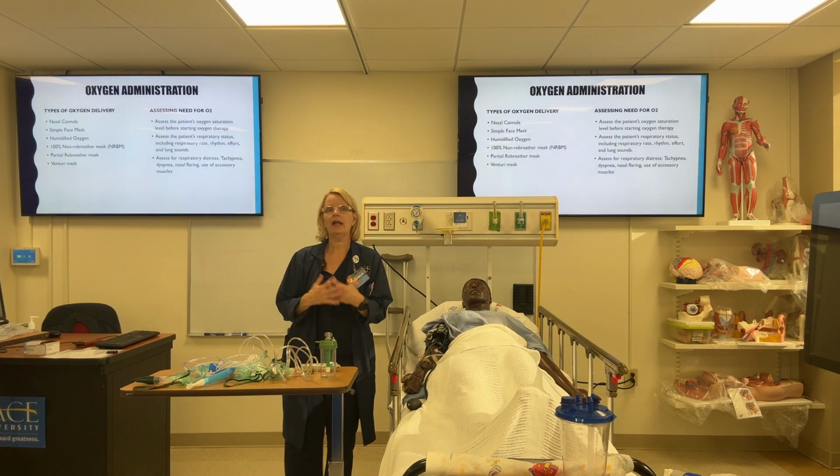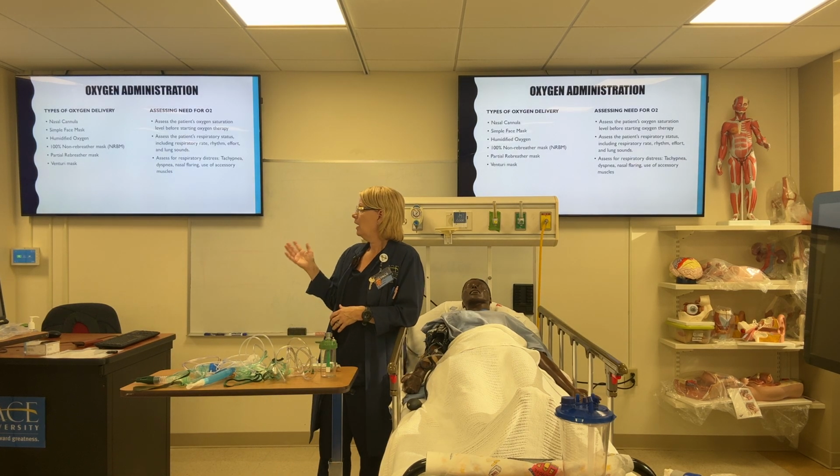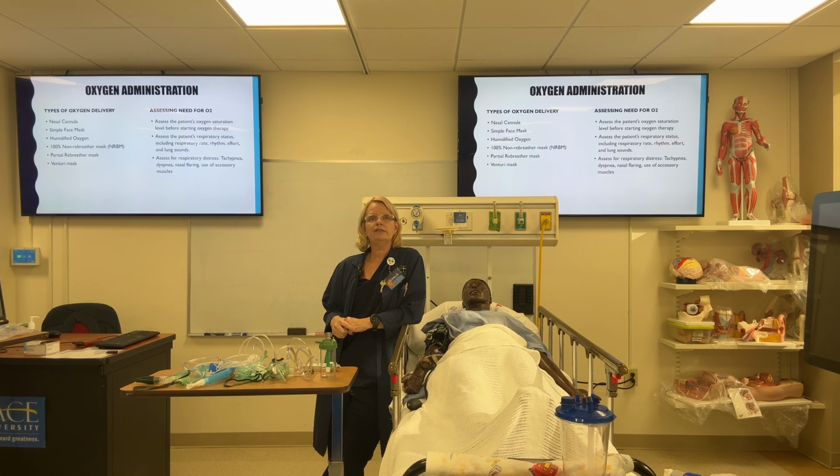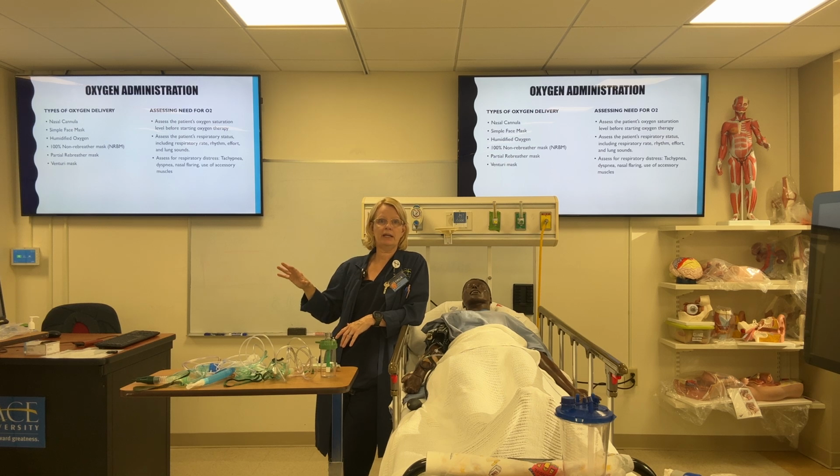Now, we have lots of different types of oxygen devices: nasal cannula, simple face mask, our non-rebreather mask, and all the ones that are on that list. I'm going to go over each one of them and explain again how much oxygen you're allowed to give, how much you're allowed to turn up the flow meter to, and what that equates into a percentage.